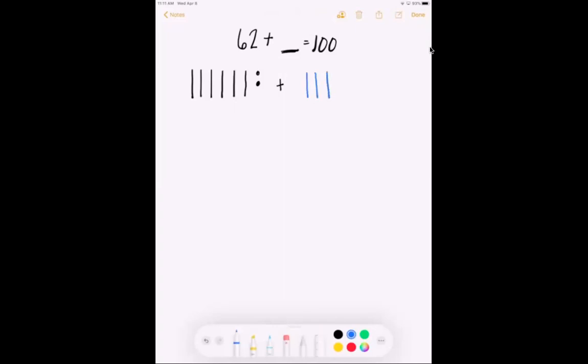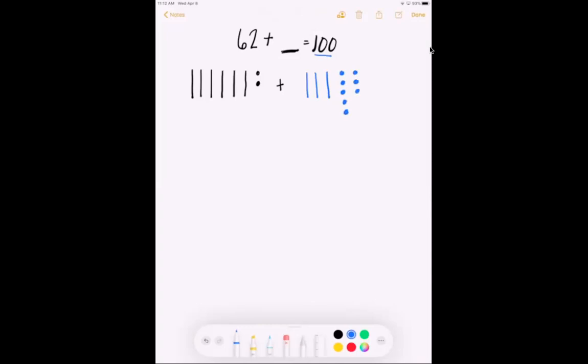If I add another set of 10, I'm going to get to 102, which is more than my answer. So I'm not going to add another set of 10. That would be too many. So I'm at 92. I'm going to count on with ones. 93, 94, 95, 96, 97, 98, 99, 100.